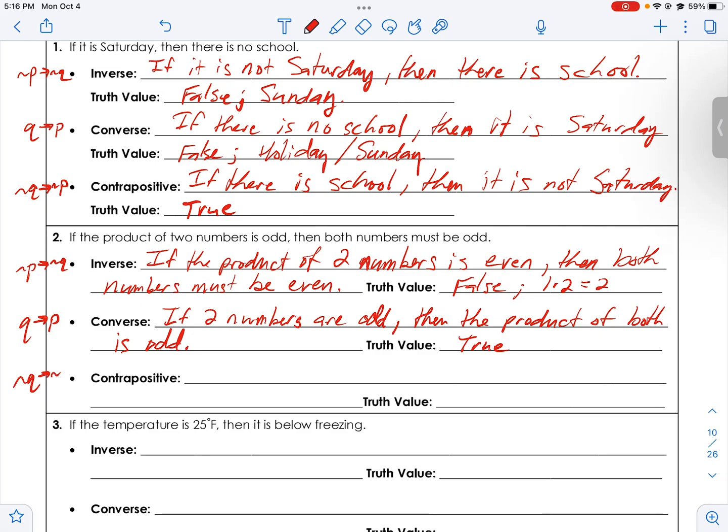Now the contrapositive, not Q, then not P. So we're going to take that inverse, but we're going to flip it back and forth.